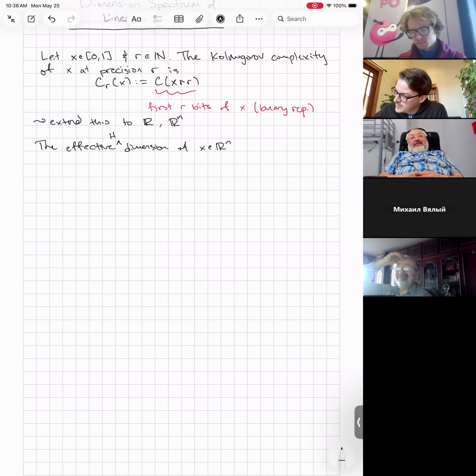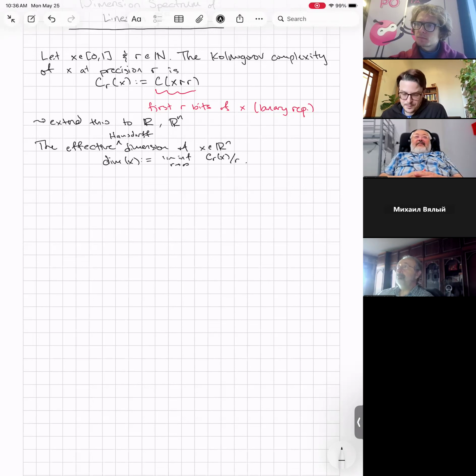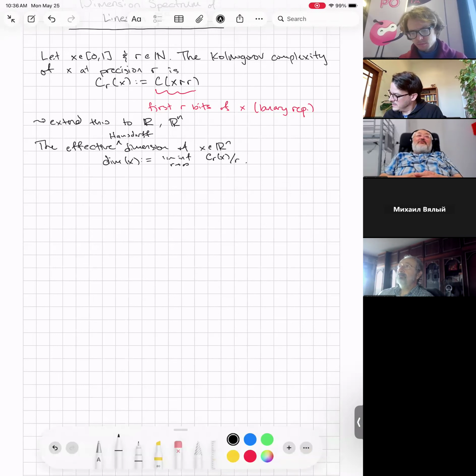Let me just remark, this is effective Hausdorff dimension, which is defined to be the limit inferior of the Kolmogorov complexity of x at precision r divided by r. There is also a strong dimension which is the lim sup, and something different happens with it. But now we have this lim inf.